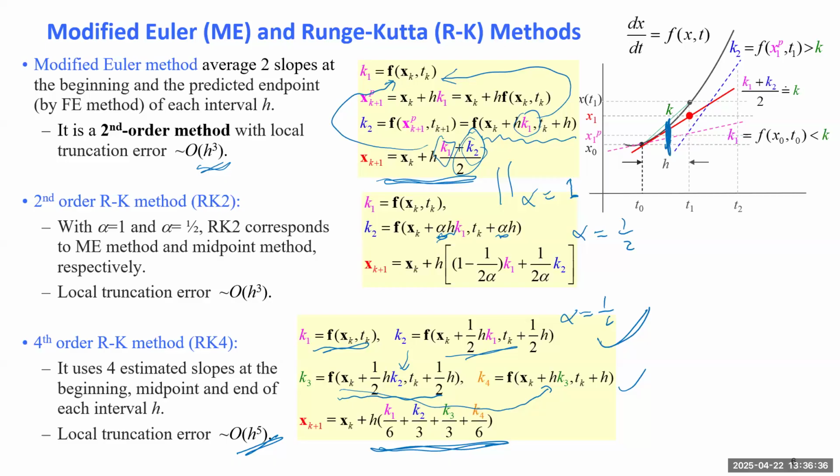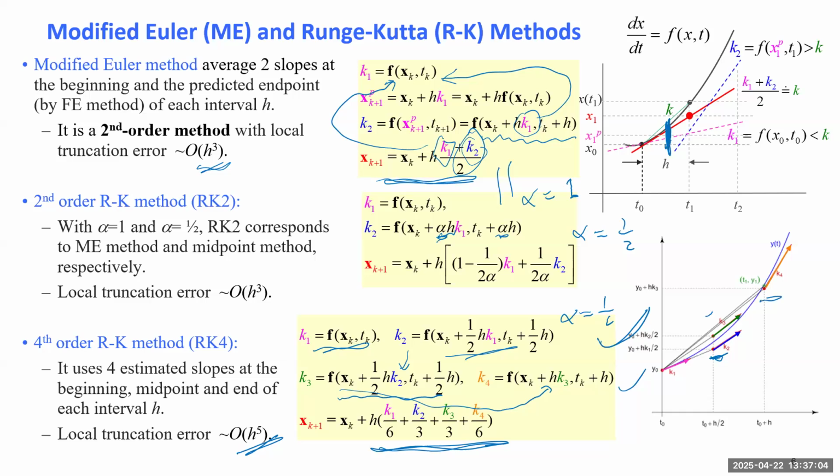I don't draw those tangent lines on that figure because that would be too busy. But on Wikipedia, there's a very good figure to illustrate what happens. You see K1 is at the beginning. Using K1, you can get the point where you can calculate K2. And at the middle point, you also calculate K3.